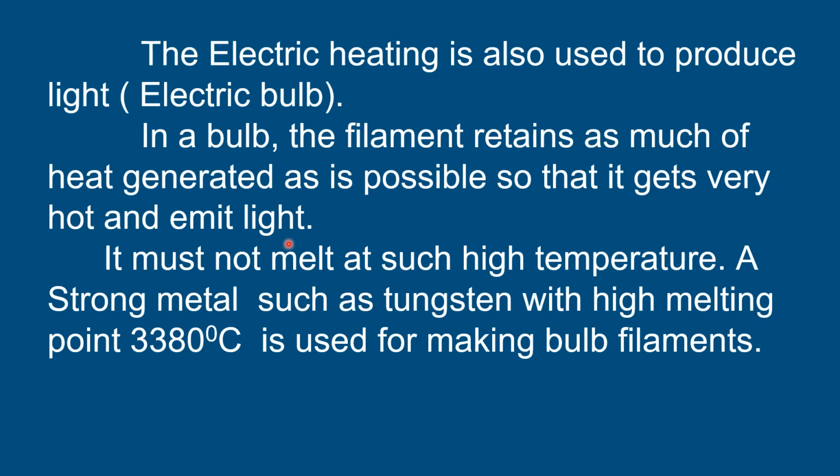For example, when you take an electric bulb, it contains a filament. This filament retains, meaning it can store, as much of the heat generated as possible so that it gets very hot and emits light.